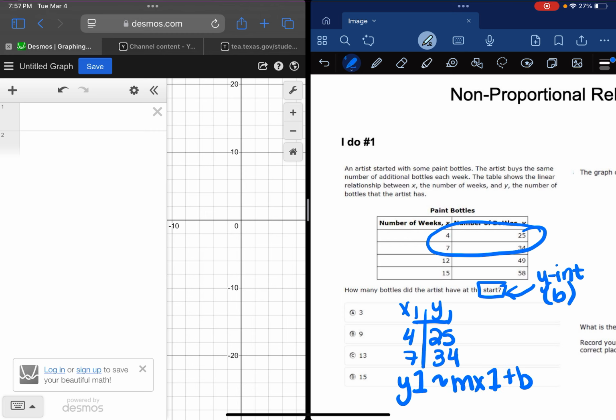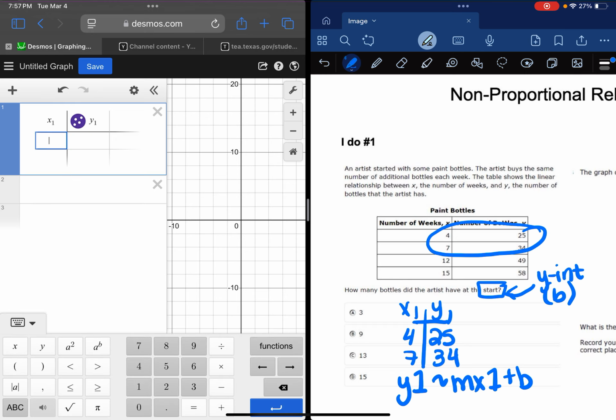So let me show you how to do that on Desmos. You're going to hit the plus button, table. Always make sure that at the top here you have x1 and y1. Sometimes it will change to x2, y2, x3, y3, and you won't get an answer. So make sure it's x1, y1.